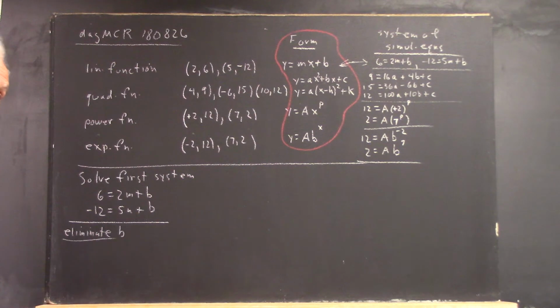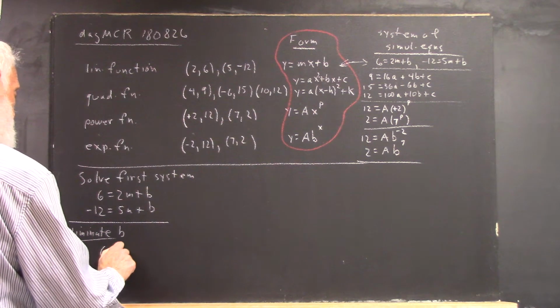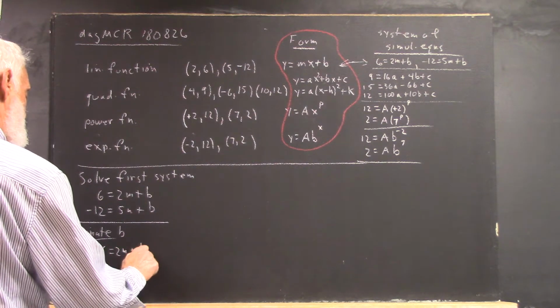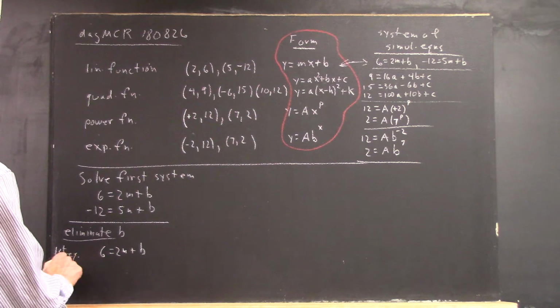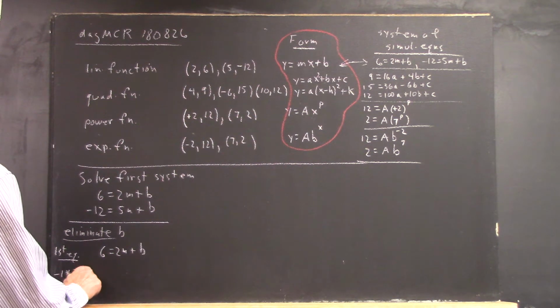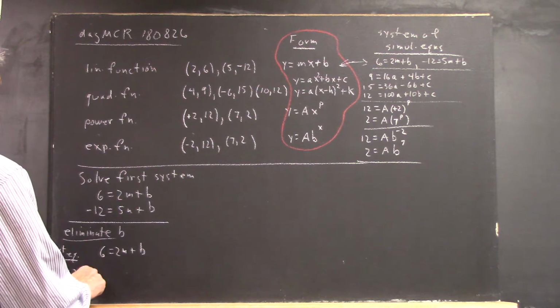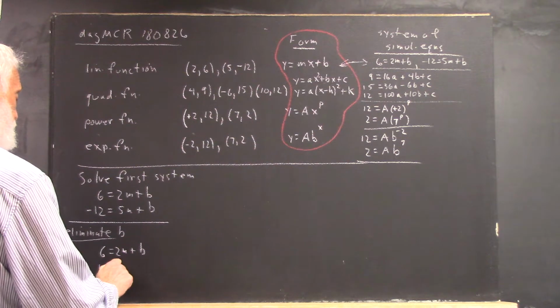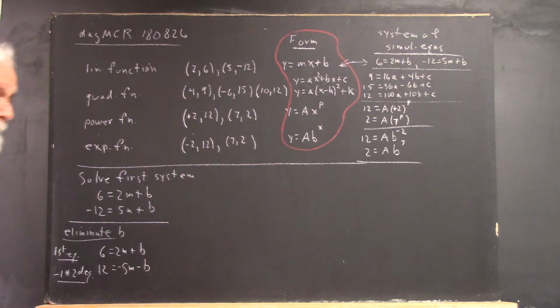To eliminate b, we write down the first equation, and then -1 times the second equation, which would give us 12 equals -5m minus b.